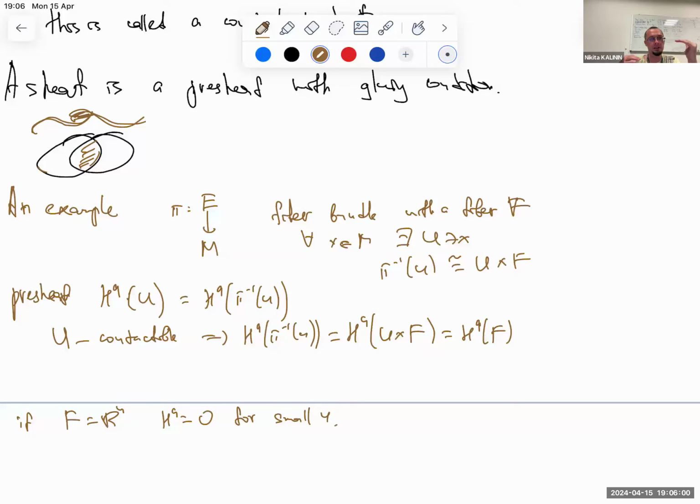So locally, for small sets, you have this cohomology just 0, maybe some other small group, but when you consider it for the whole manifold, it's something bigger.